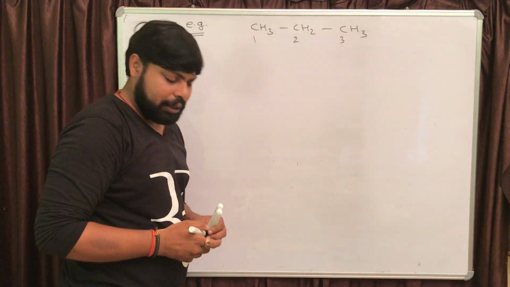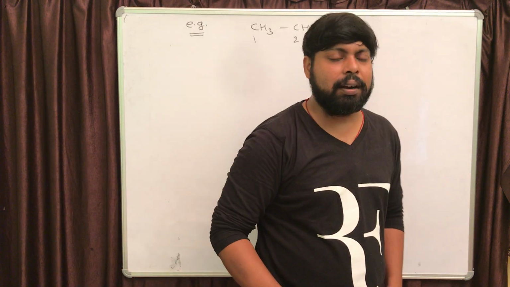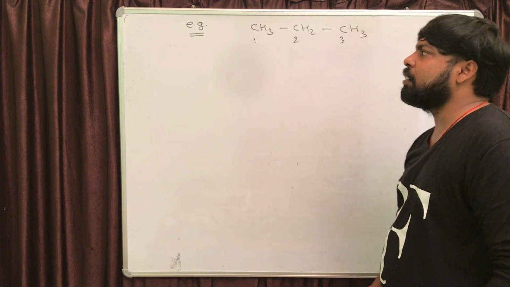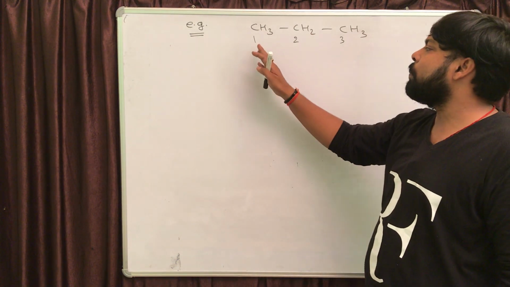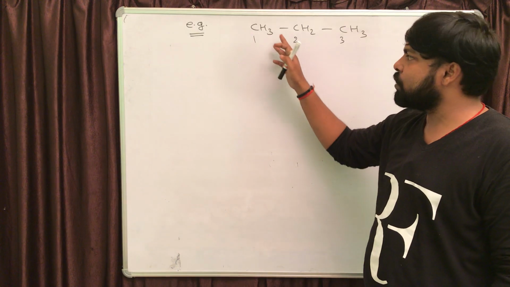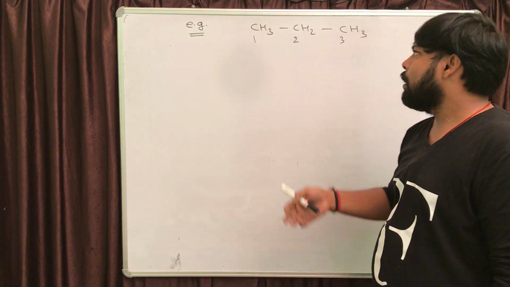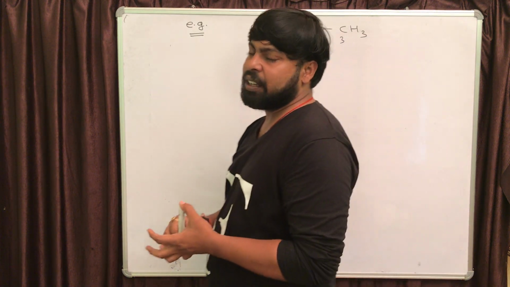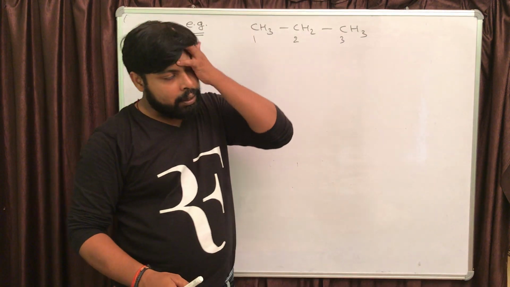Now it may be asked, draw the conformer or draw the energy versus dihedral angle around the carbon number 1 and 2 single covalent bond, or around carbon number 2, carbon number 3 single covalent bond, right?